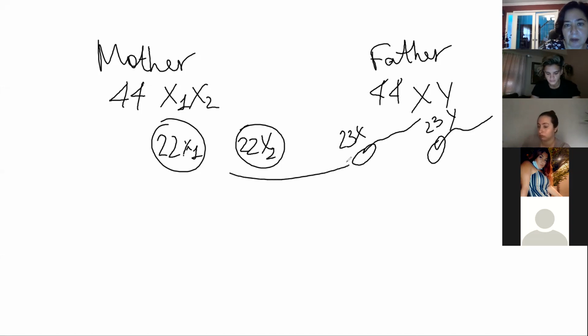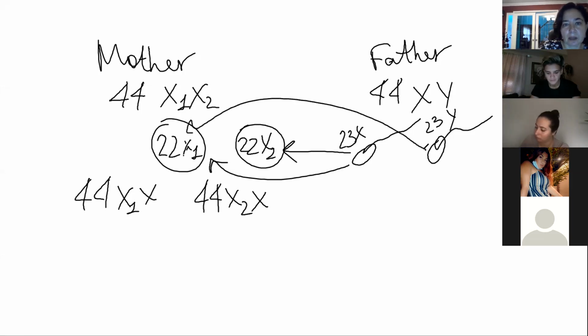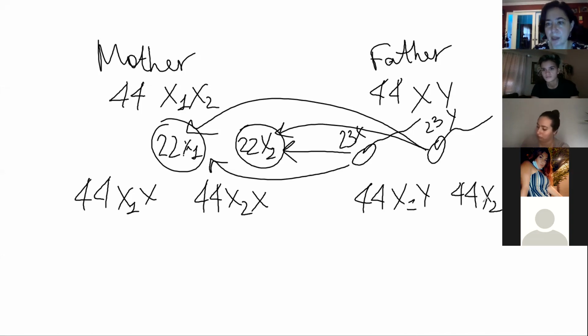So if this one meets this one or that one, it's going to be 44X1X or 44X2X, right? And if this one meets this one or that one, it will be 44X1Y or 44X2Y, right?